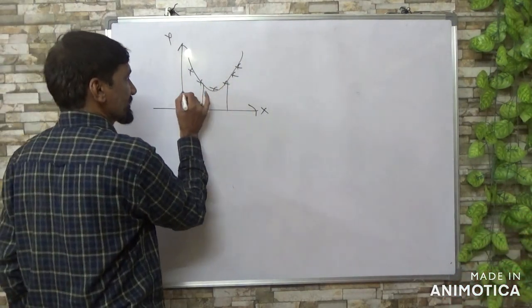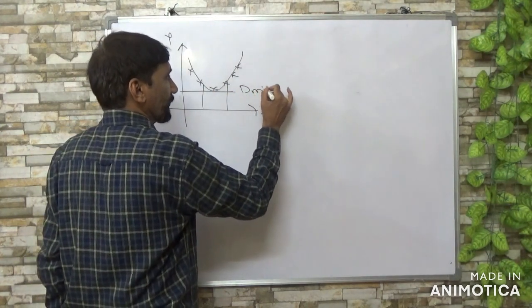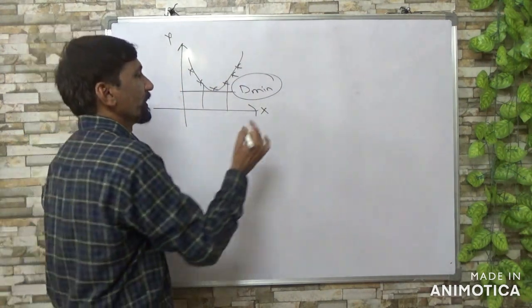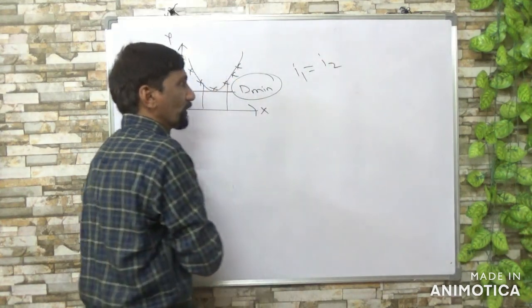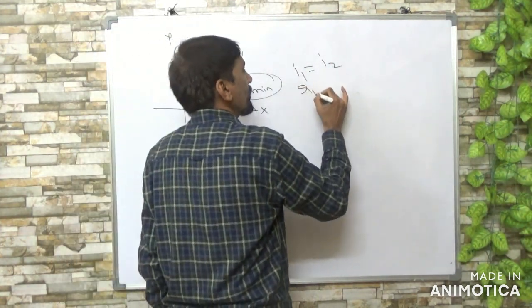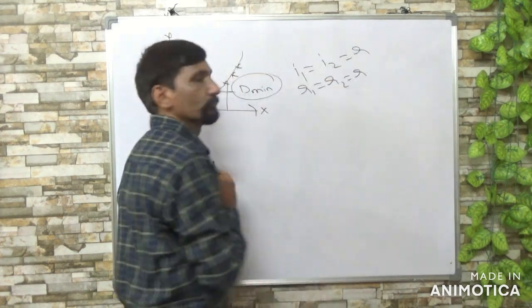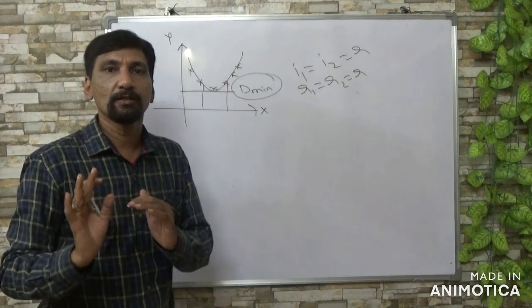So in case of minimum deviation, remember in case of minimum deviation, this angle of incidence is equal to angle of emergence, and you know R1 is equal to R2, say some constant R. Okay, now based on this concept also we will solve one problem.